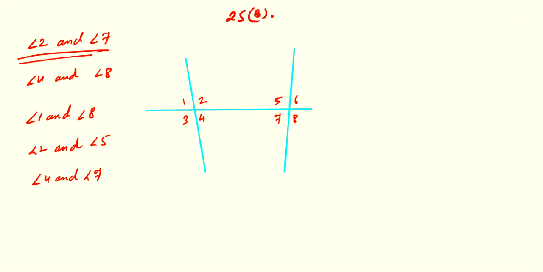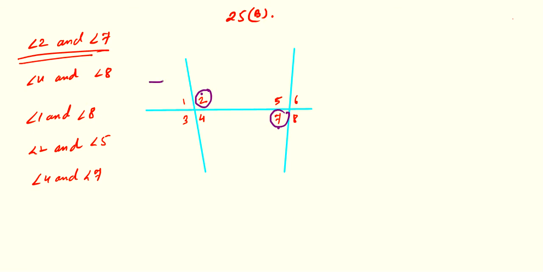Now angle 2 and angle 7, we have to find what is the relation between angle 2 and angle 7. So it's easy. As you know, angle 2 is here and angle 7 is here. Both these angles are between these two lines. That means they are interior angles, the first thing. Then second thing is what? Angle 2 is on this side and angle 7 is on the opposite side.